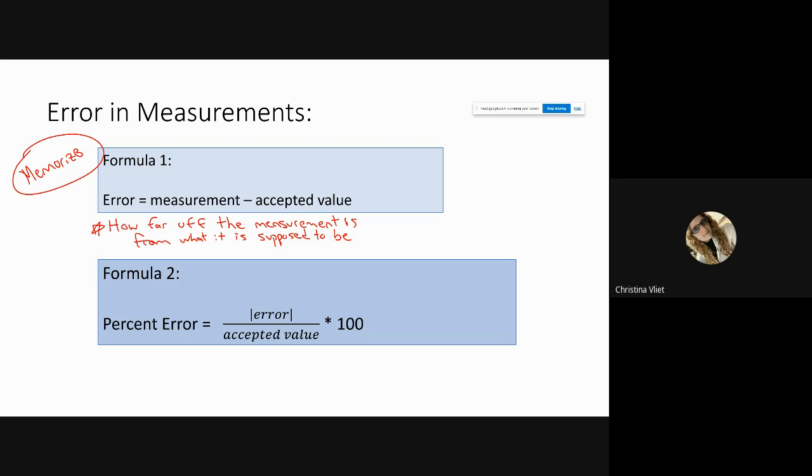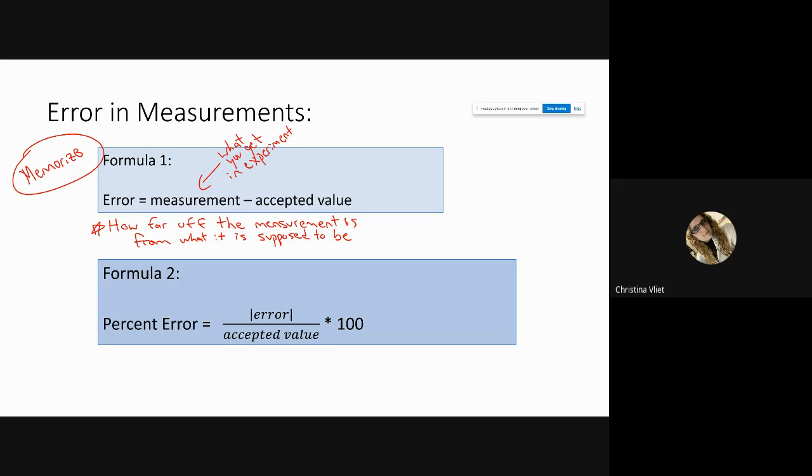Oh. So the measurement is what you get in the experiment. That is what we call the measurement in this formula. And the accepted value is what is known to be true. What has been established, there's a textbook value for it.